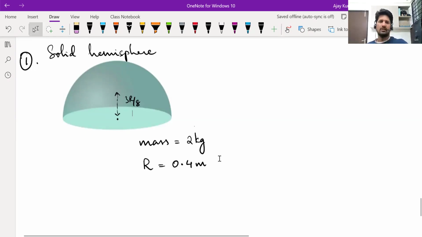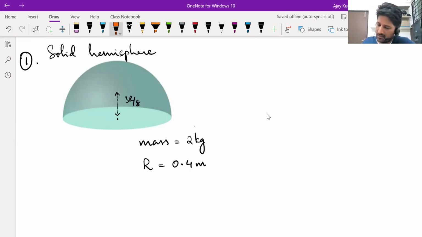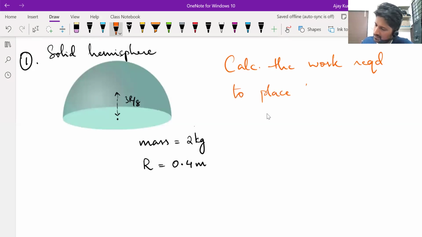So suppose there is a solid hemisphere like this lying on a table. It's lying with its circular base facing downwards. You have to invert it. That's all. Okay. Calculate the work required to place the hemisphere on its curved surface.